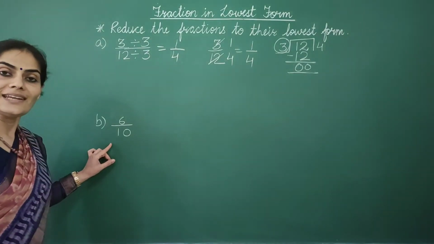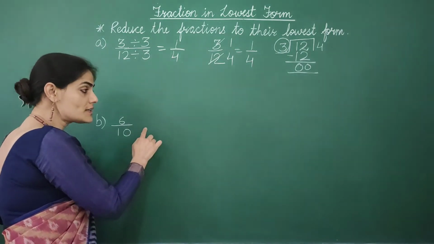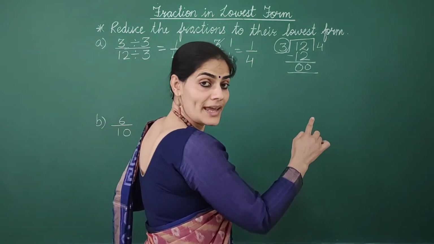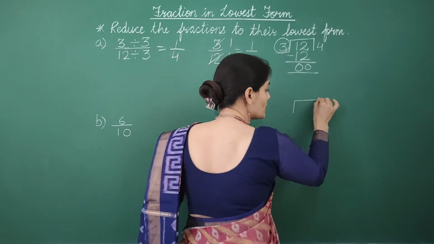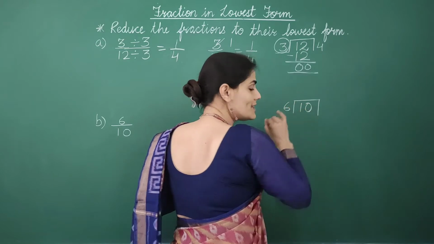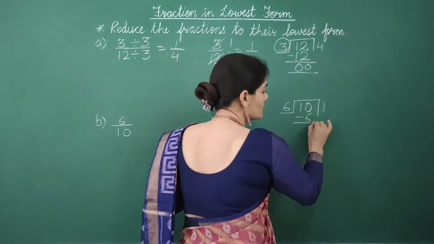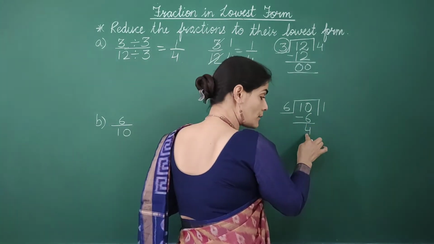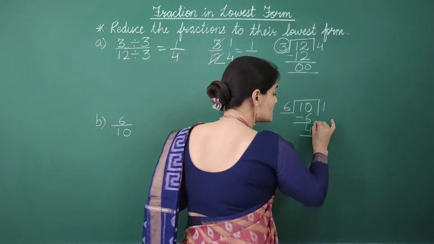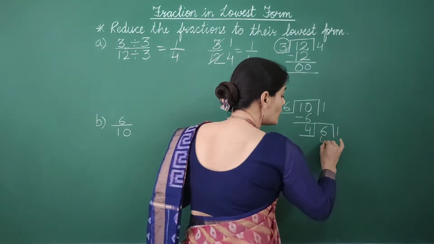Now look at the next fraction. It is 6 by 10. So first we are finding the HCF of 6 and 10. So we divide the larger number 10 by 6. Now 6 ones are 6. 10 minus 6 gives us 4. Now 4 becomes the divisor and 6 becomes the dividend. 4 ones are 4.